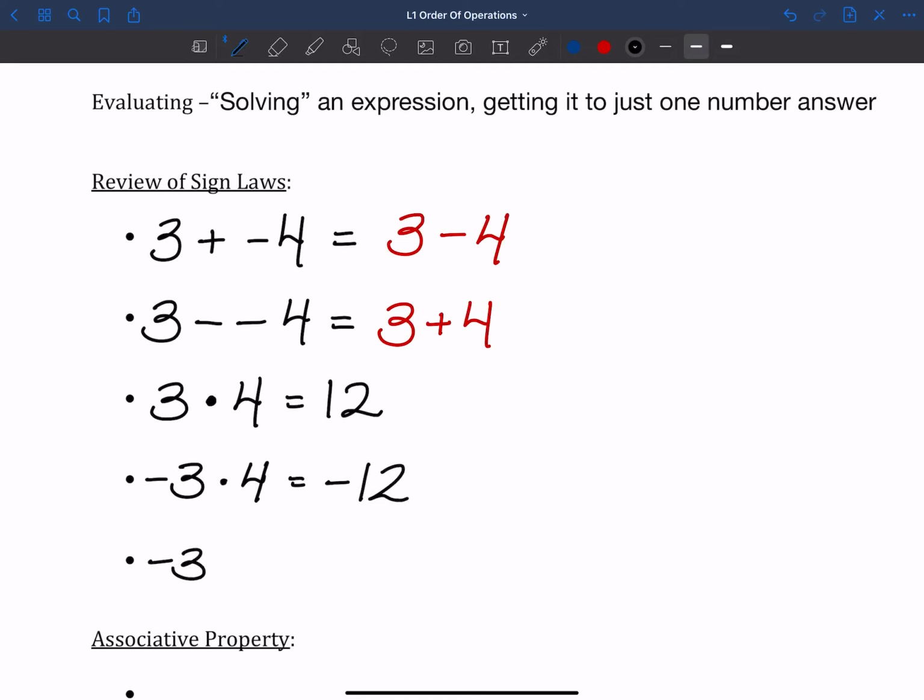On the other hand, if you have a -3 times a -4, right, they're both negative, your answer will flip back to positive, right? So what we can kind of see is that it kind of sort of goes with what we were doing up top, right? If you have a double negative, kind of like this down here with 2 negatives in it, they sort of cancel each other out a bit, right? If you've just got one hanging around, it sticks around, right? So negatives can cancel each other out just like that.